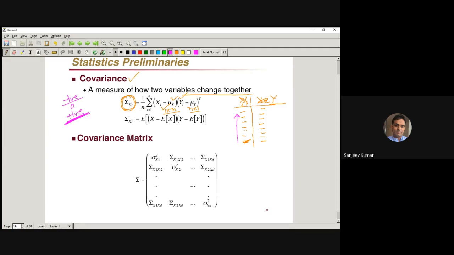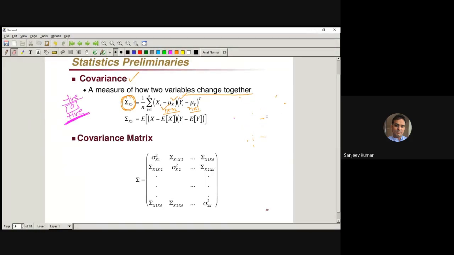If one is increasing, the other is also increasing. If one is decreasing, the other is also decreasing. And if the covariance is 0, then we cannot make any such analysis. They are independent. So this is covariance if you have two columns.